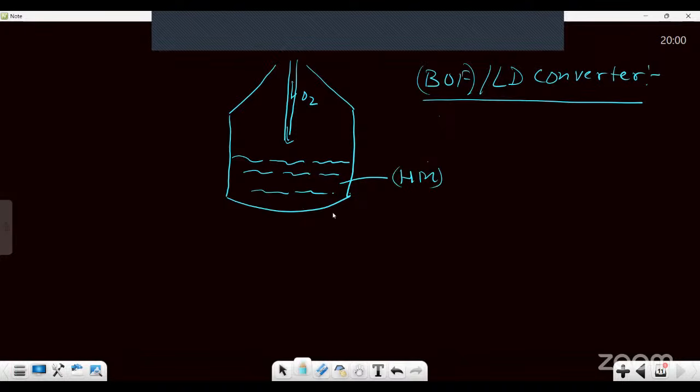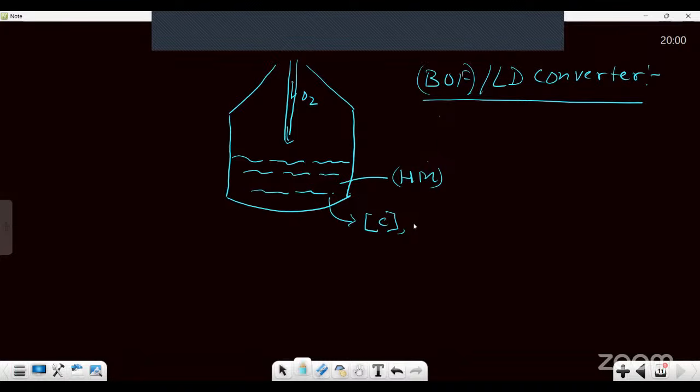Right. Now, this hot metal will have a lot of impurities. What are the impurities? Carbon we will not call an impurity, but yes, carbon is also there. What is the percentage of carbon in the hot metal? It is 3.5 to 4%. But that much carbon is not desired in steel. So in crude steel, the carbon percentage should be less than 0.1 weight percent.